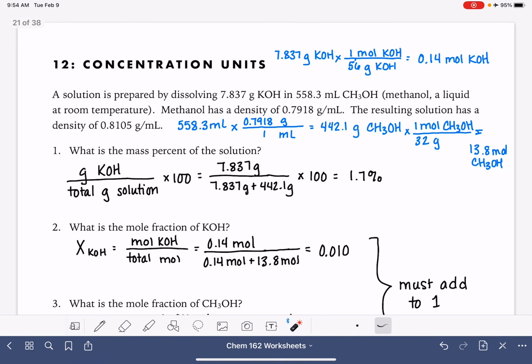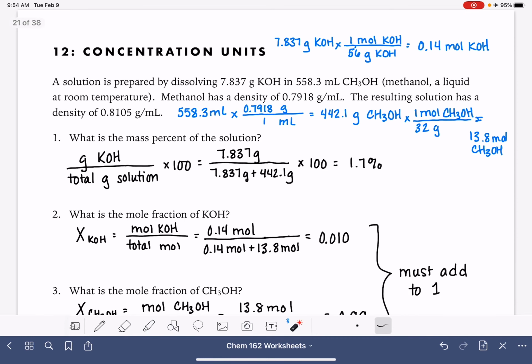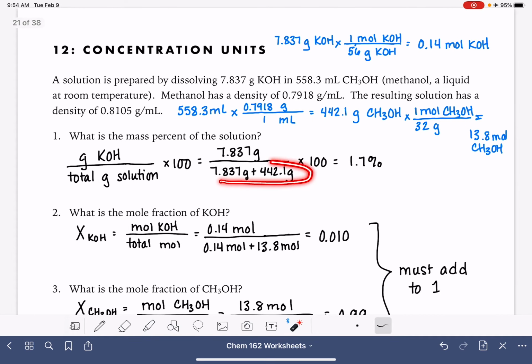Well, up here, it's telling us that the density of the whole entire solution is 0.8105, and that's a hint that we should be using this to calculate the overall volume of the solution.